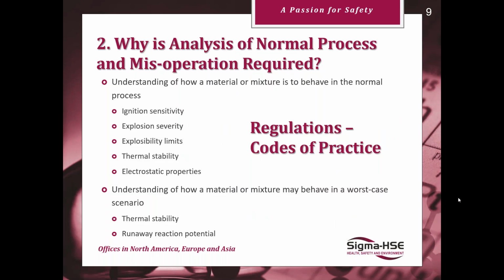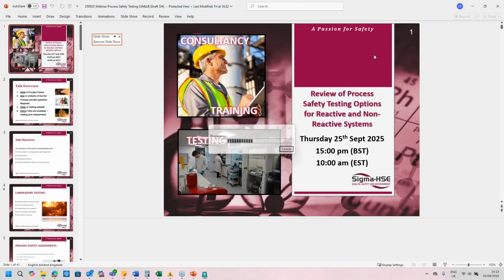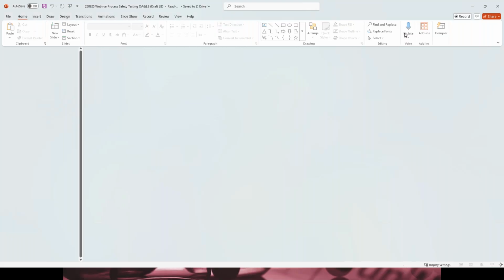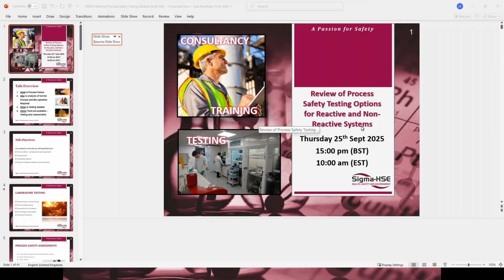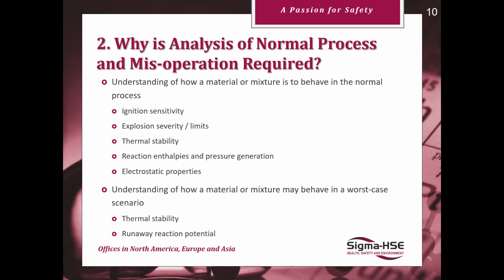So there are certain parameters such as ignition sensitivity. So even though a material, if we know that a material is going to be present and forming a flammable atmosphere in our desired operations, then we need to understand the sensitivity to ignition so that we can put any potential controls in place to try and prevent that initial ignition.